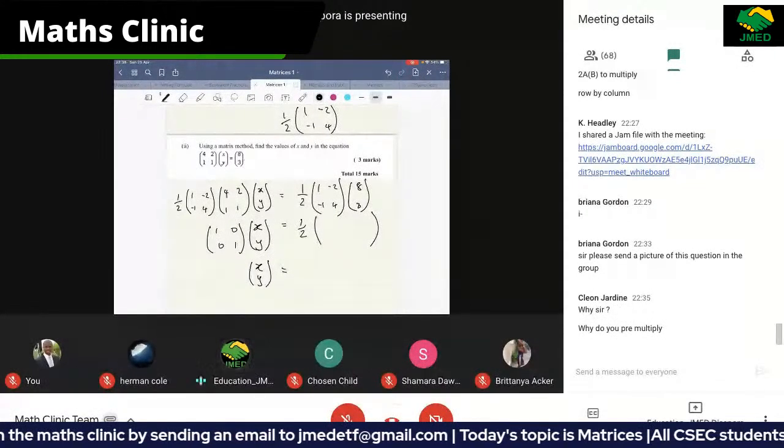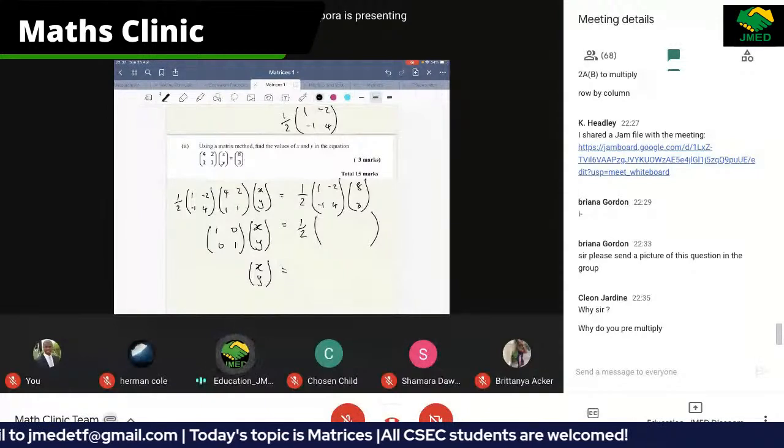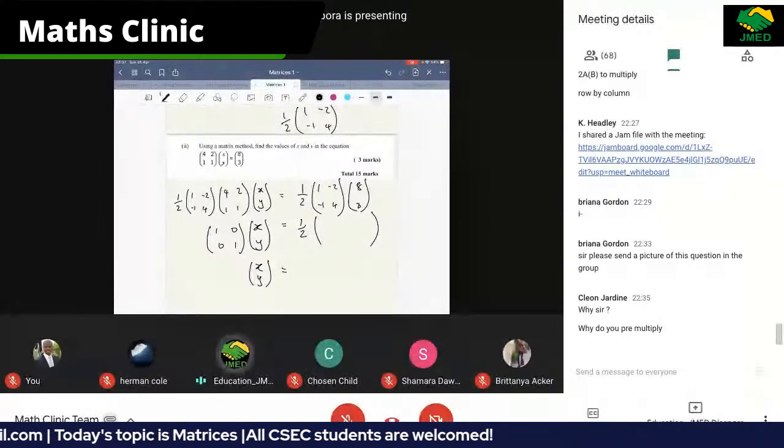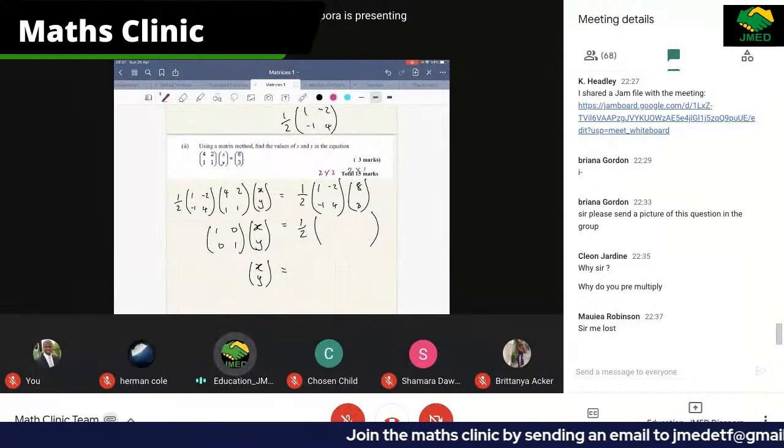When I'm multiplying the 2 matrices, there is something you need to understand: that we can multiply a 2 by 2 matrix with a 2 by 1 matrix.